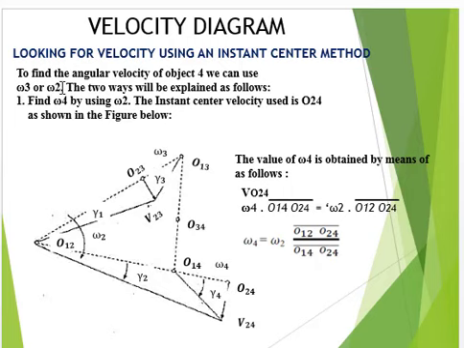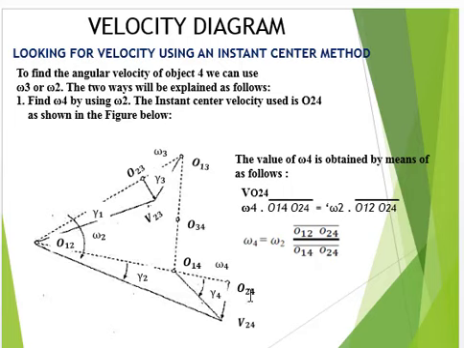There are two ways, which will be explained as follows. Look at the illustration to find the angular velocity at this position, omega 4, by using the angular position of omega 2, or object 2.